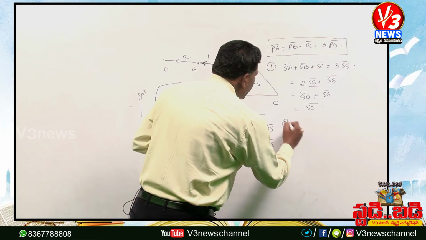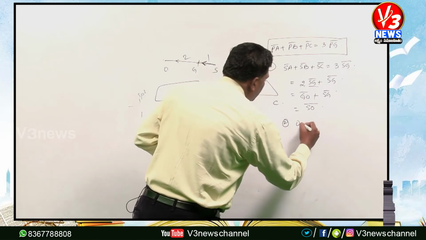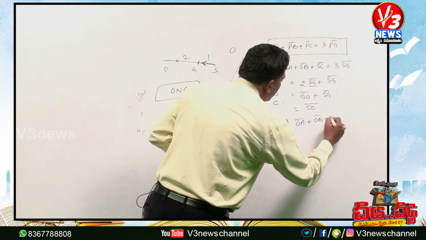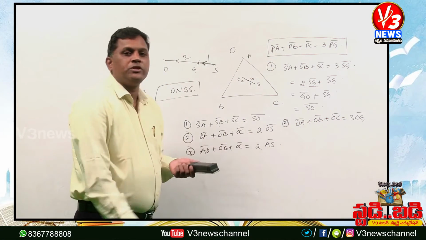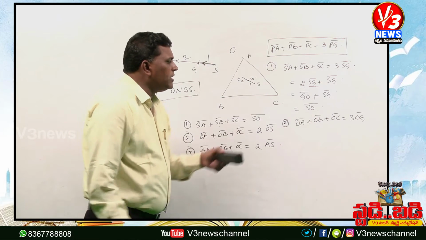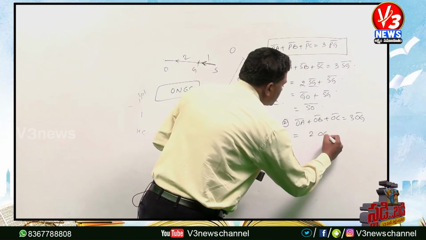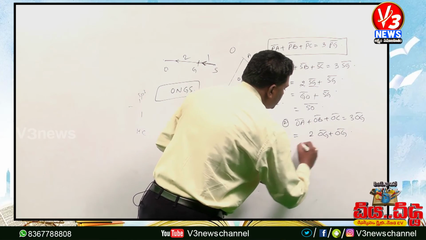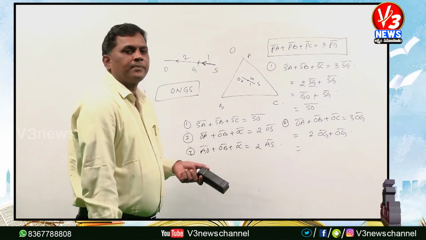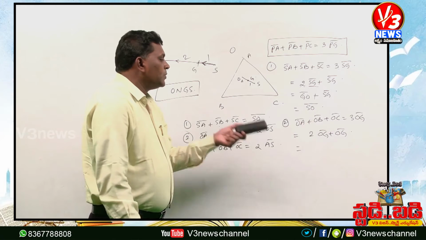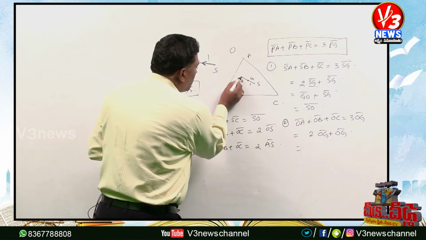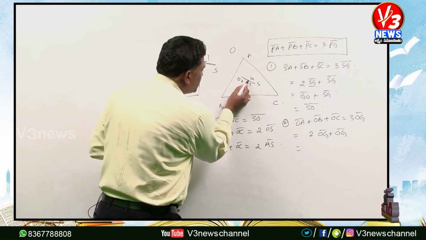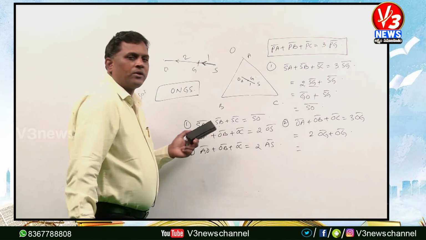Coming to the second result, OA bar plus OB bar plus OC bar, obviously thrice OG bar. As in the previous problem, write it as 2 OG bar plus OG bar. Now, observe this: OG bar is double this GS bar or not.